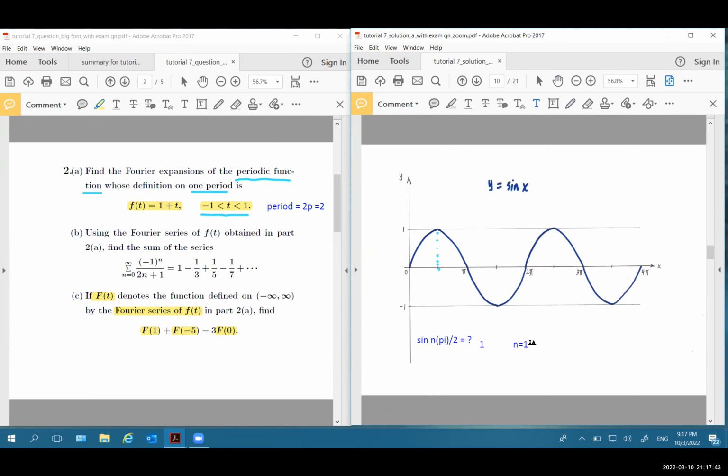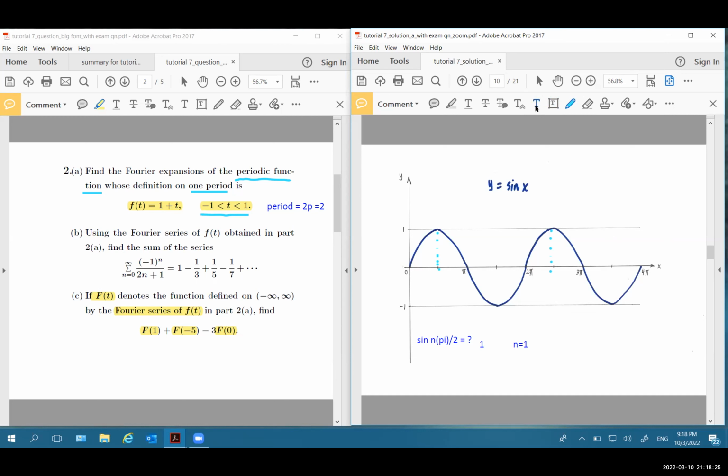And then we will use this. Because your sine x is periodic, when you get the value 1 here, you will know that 2 pi later, because the period is 2 pi, you will get the value 1 again. And of course 2 pi later, somewhere here which I didn't draw, you will get 1 again. So this point here is pi over 2, and this point will be pi over 2 plus 2 pi.